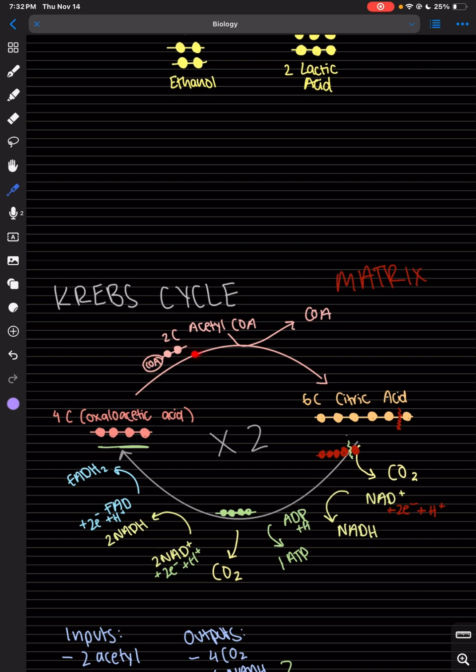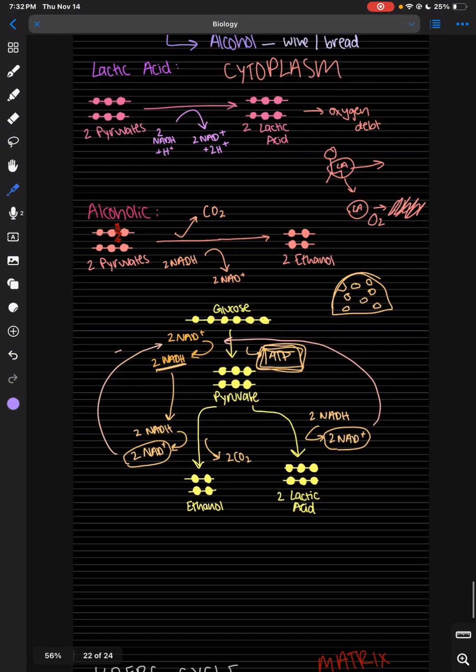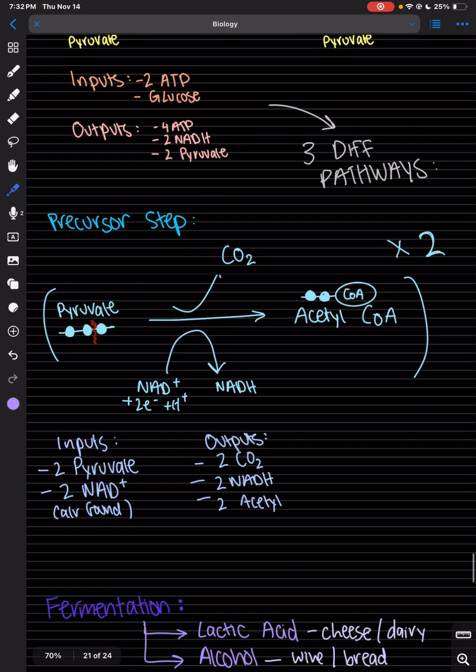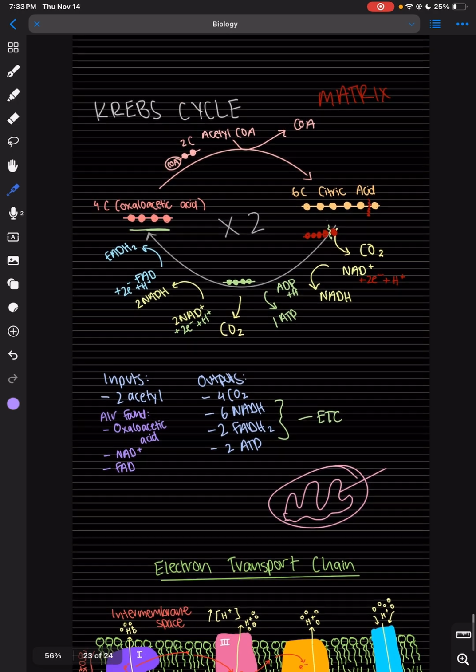This coenzyme A is going to bring these 2 carbons into the Krebs cycle, where they combine with the 4-carbon oxaloacetic acid and make a 6-carbon citric acid. Then this coenzyme A is released and recycled back into the precursor step. It's a recycled thing. It constantly happens.